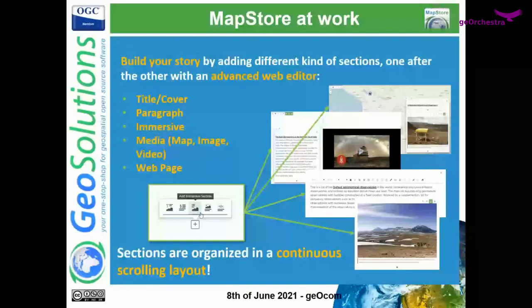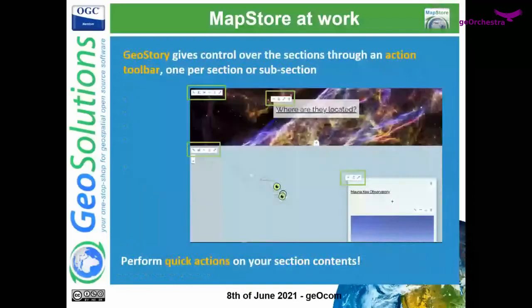And all sections are organized in a continuous scrolling layout. In edit mode, you have a toolbar for each component of the story, so you can align contents, define contents, choose the size of elements in the UI, and so on.